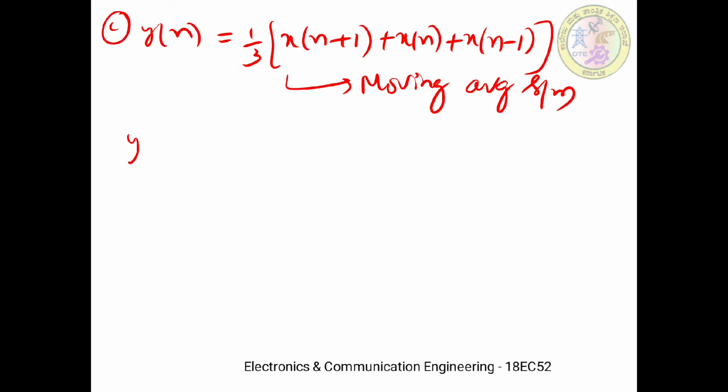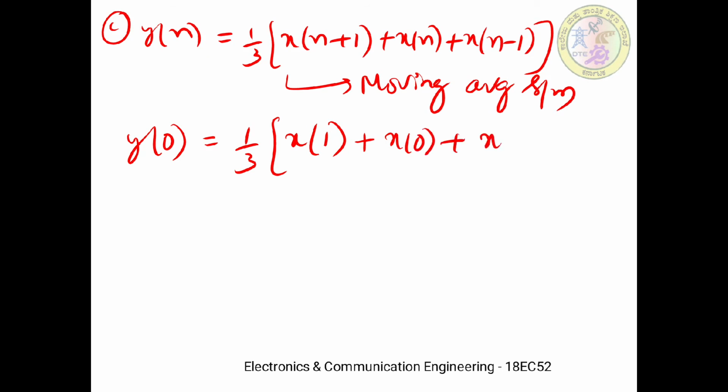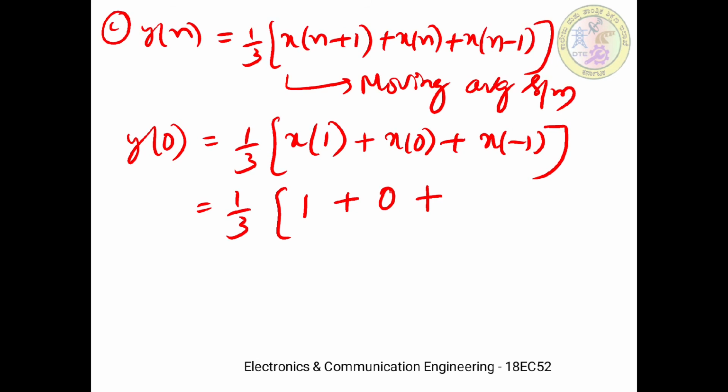So when I am evaluating y of 0, I am actually evaluating first the sum, and later on we will take the average. So x of 1 plus x of 0 plus x of minus 1. This is equal to 1 by 3 into x of 1 sample, which is 1 in our case, x of 0 sample is 0, plus x of minus 1 sample is again 1, if you can remember the previous x of n sequence.